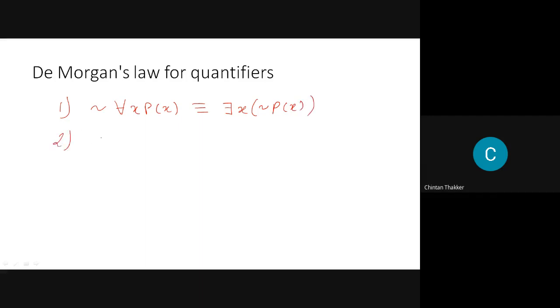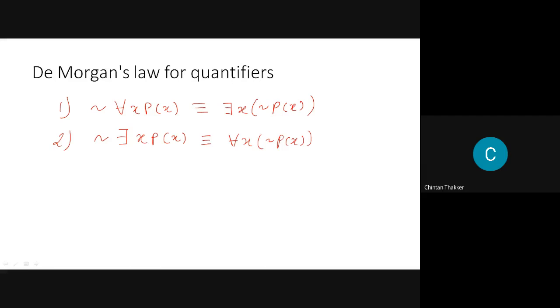And the second statement is negation of there exists x P(x), which is equivalent to for all x negation of P(x). This is called De Morgan's law for quantifier.